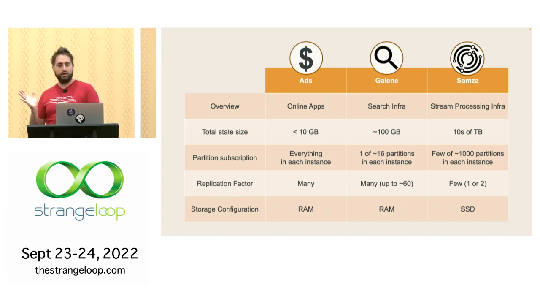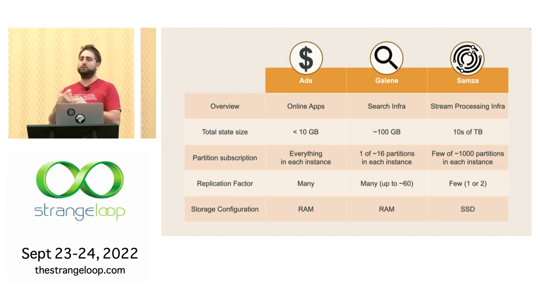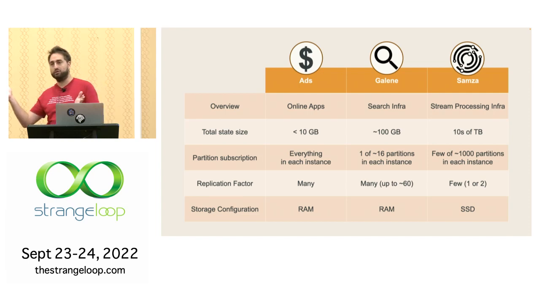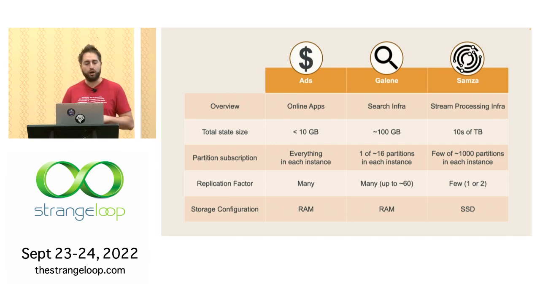The third use case is SAMSA. Now, I already talked about SAMSA earlier as a data source for putting data into Venice, but we also have a bunch of SAMSA jobs that read a ton from Venice. Some of them are so intensive that they just can't keep up if they need to pay the hit of a remote query on every event they process. So they will do local state instead via DaVinci. And in this case, we have a team that has a couple of use cases here that are in the tens of terabytes of state in total, so quite large.